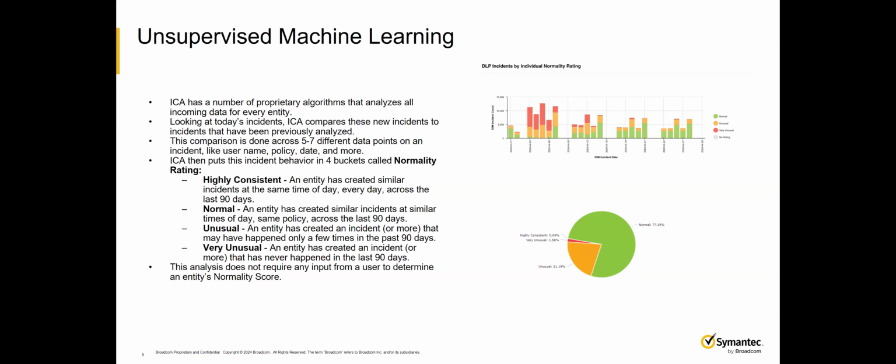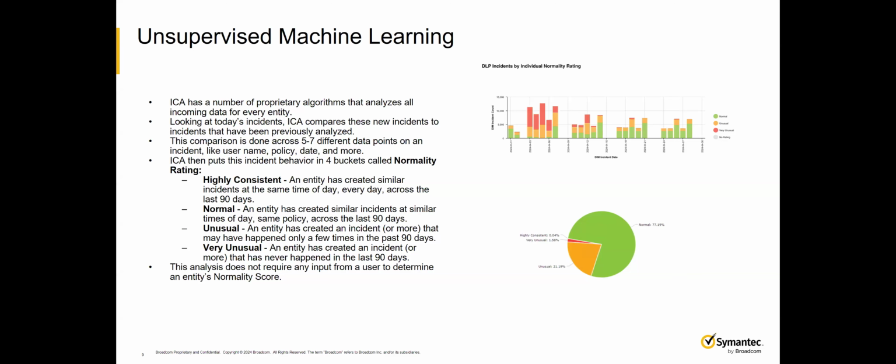So what ICA is primarily looking for is this activity or behavior. Is it consistent? Is it highly consistent? Is it something that happens the same time of day during business hours? Or is it something that happened at 1 a.m. on a Sunday and has never happened before? The net result of this is ICA assigns these incidents a normality rating.